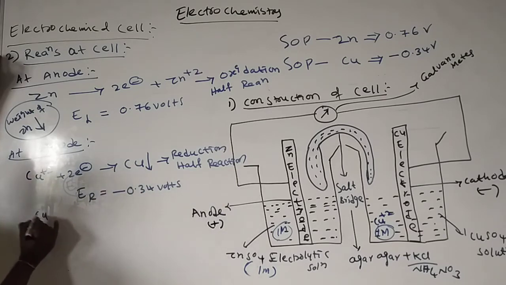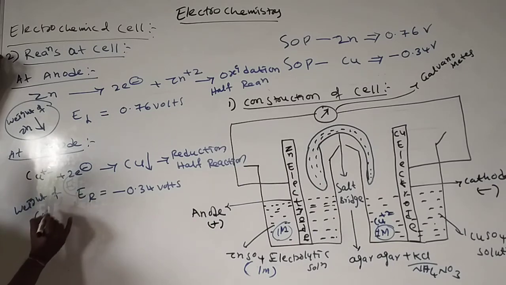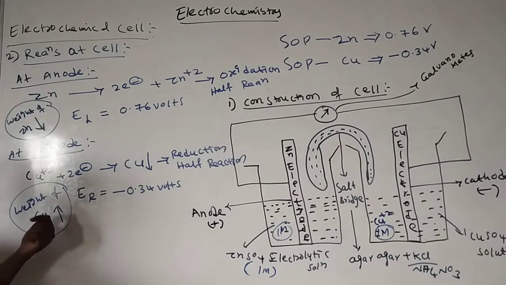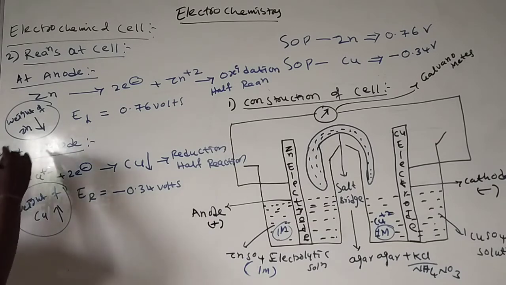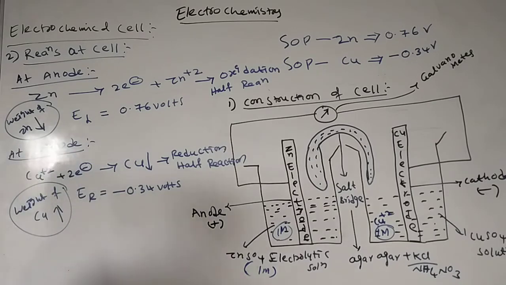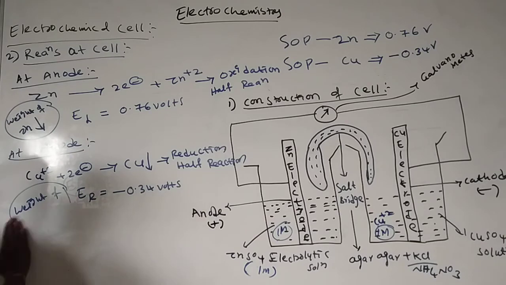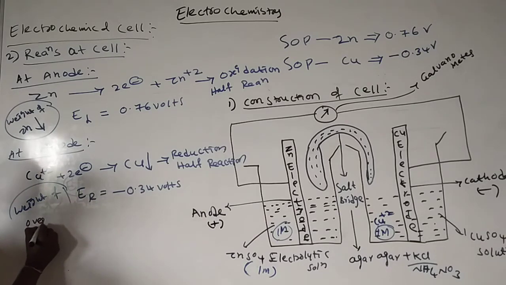That means the weight of the copper electrode increases. Weight of copper electrode increases, weight of zinc electrode decreases. Okay, this is about the half reactions. See here the overall reaction.